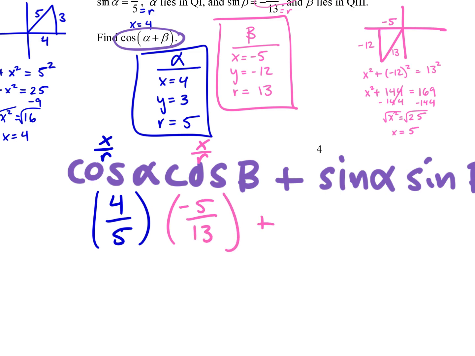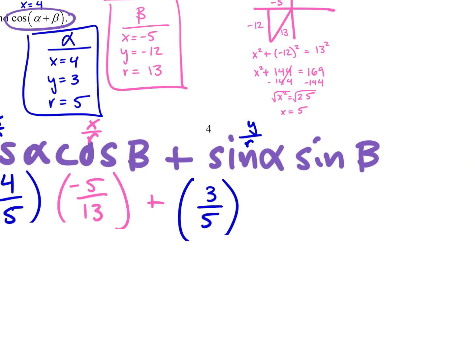Plus sine of alpha, we're looking at the blue triangle now. Sine is y over r. So what would sine of A be? 3 over 5. And then sine of B is y over r. What's sine of B? Negative 12 over 13.